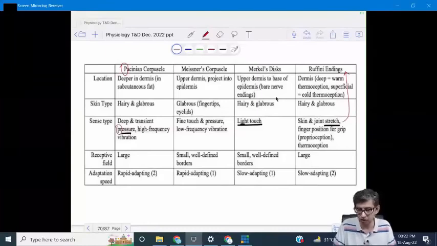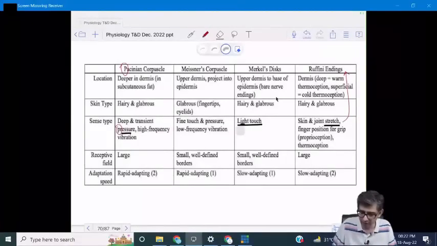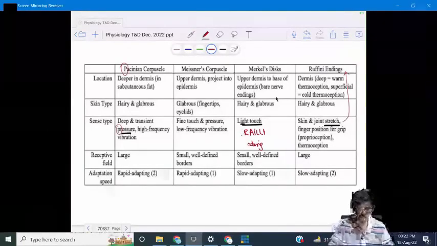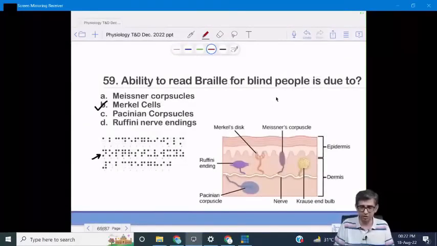And for Merkel disc, you mainly need to remember light touch and 2-point discrimination, as somebody mentioned very rightly. This is a question that commonly goes wrong and should not have occurred.